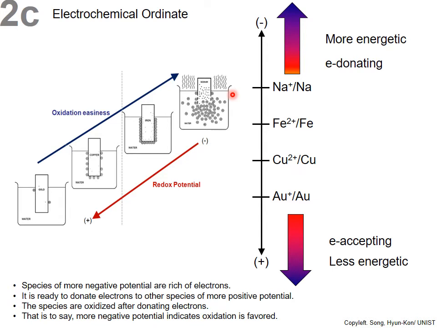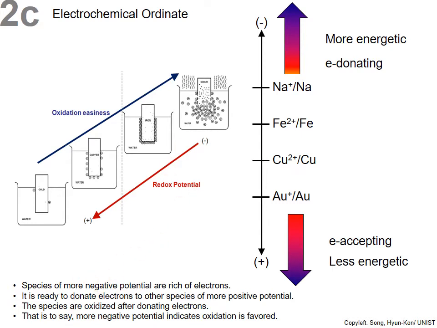So I have written down, instead of just sodium or sodium plus, sodium plus and sodium. This is the electrochemical pair of species. I mean, the reduction potential is defined on a pair of electrochemical species, in this case sodium and sodium plus. Also, this pair of electrochemical species indicates a reaction.